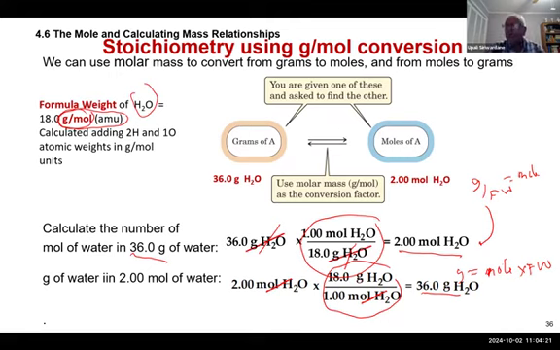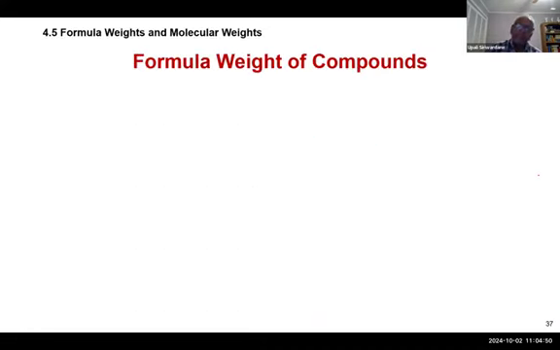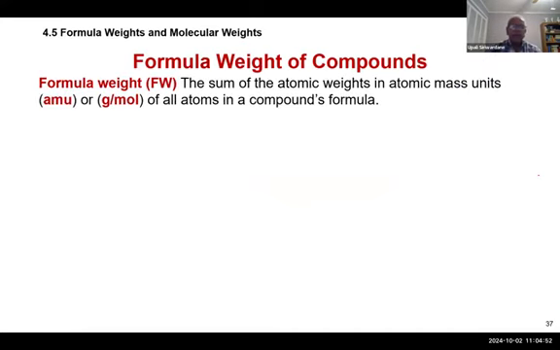If you know the moles, that multiplied by formula weight gives the grams of the compound. Therefore, stoichiometry is done by converting grams of a substance to moles of substance. That's what we discuss in this chapter, this slide.